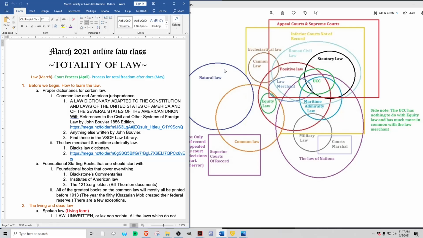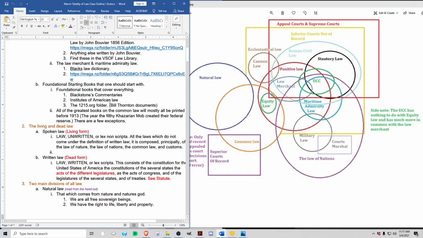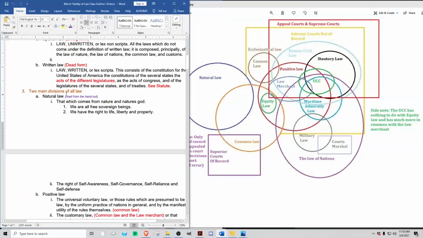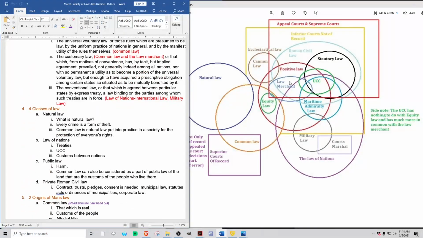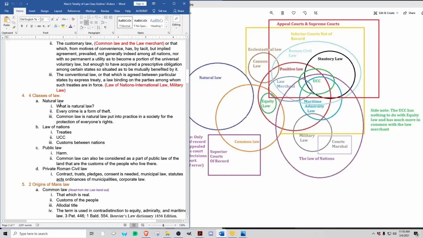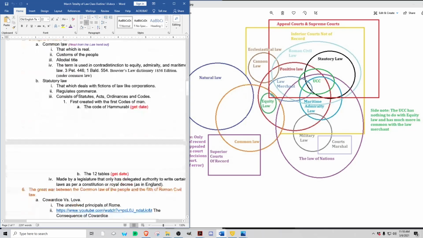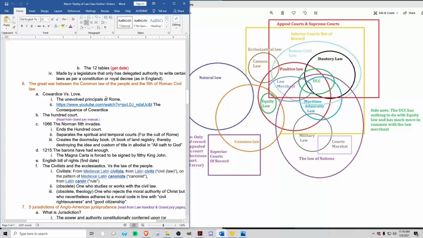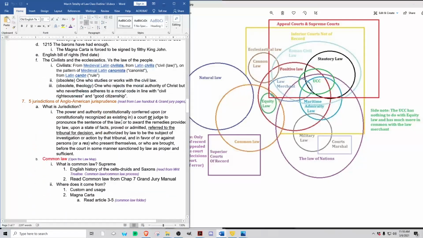So the circles are the various different kinds of law or jurisdictions or divisions, which we'll get into. The main divisions between natural and positive, and the classes: natural law, law of nations, public law, private Roman civil law, the origins of law, common law and statutory, and the 5 different jurisdictions.